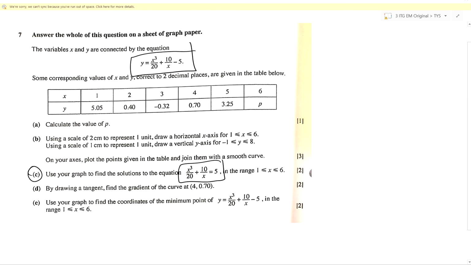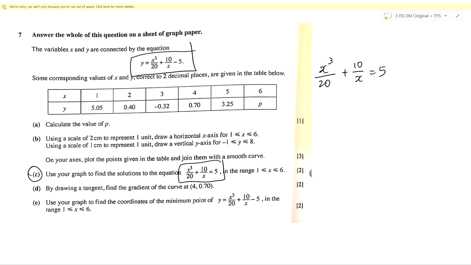Our objective is to manipulate whatever is given for the equation, manipulate it back to what we already have, the equation of the graph. So we start by copying down what was given in part C, x cubed over 20 plus 10 over x equals to 5. Manipulate this back to your original equation.